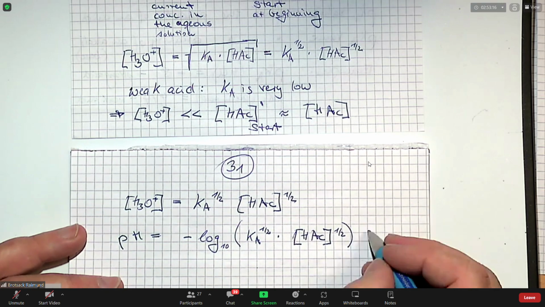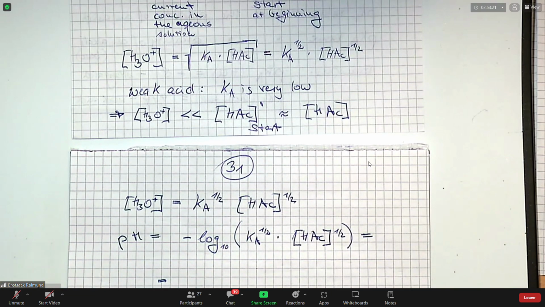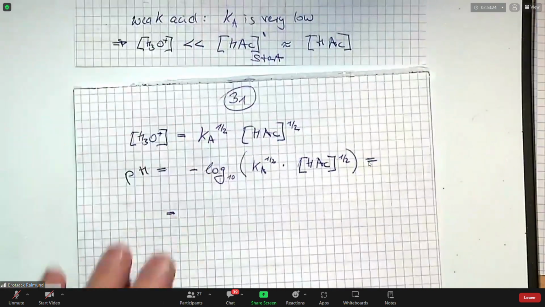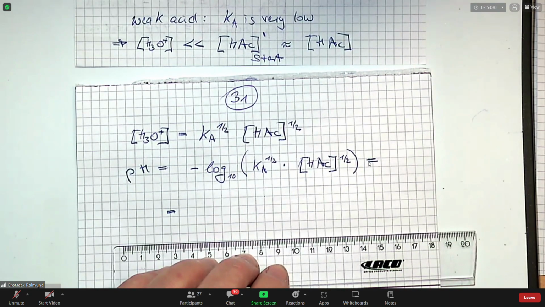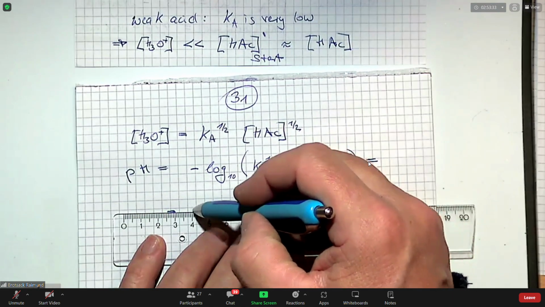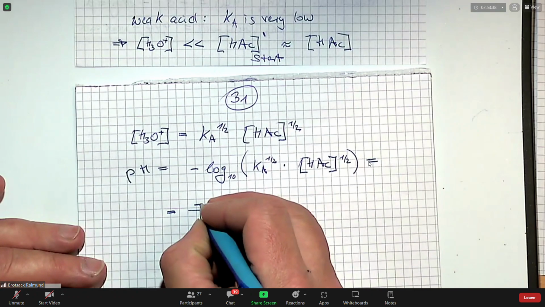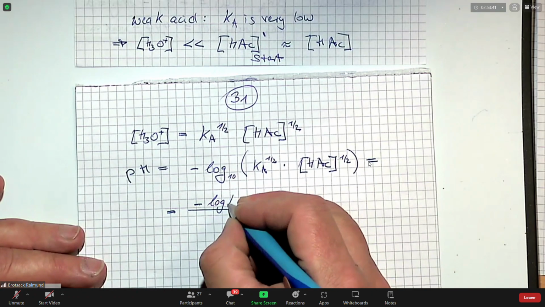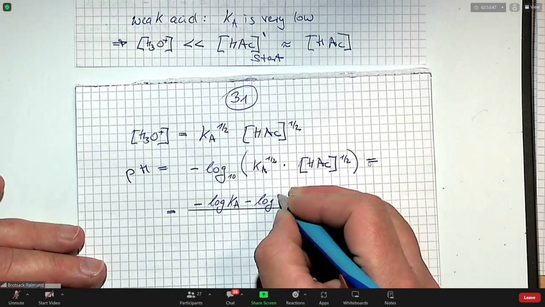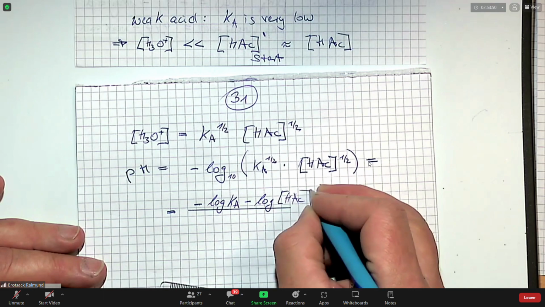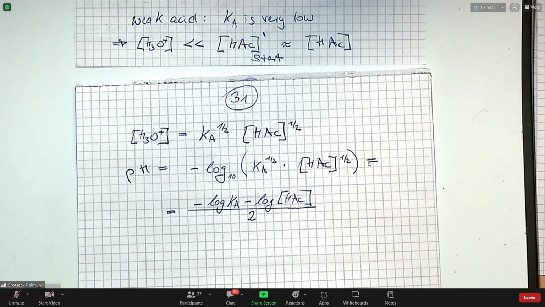What is it mathematically? You transform it into another form. It is the negative log of Ka minus the log of the concentration of HS over 2. It's mathematics.